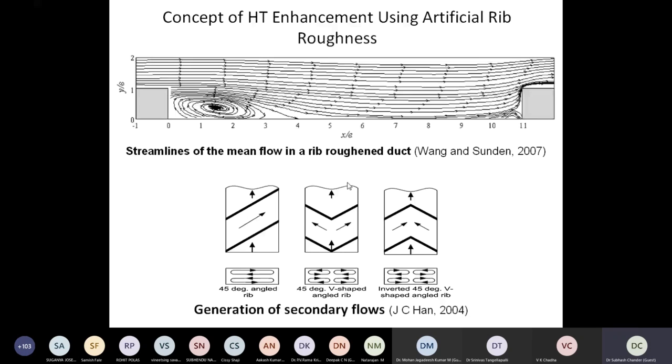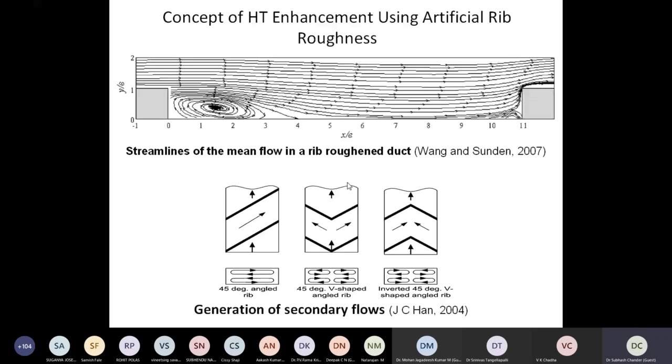We call it reattachment, right? Deflection and reattachment. When the flow reattaches, it reattaches with a force. When it reattaches, it creates a very, very thin boundary layer over there, and that ultimately enhances the heat transfer, right? So thinning of the boundary layer because of reattachment.